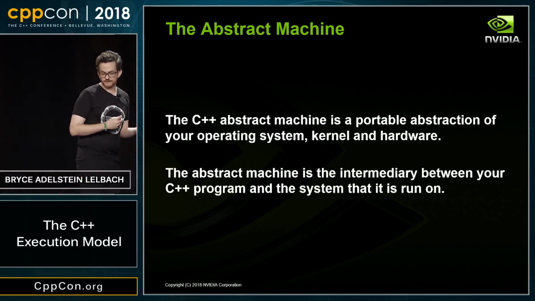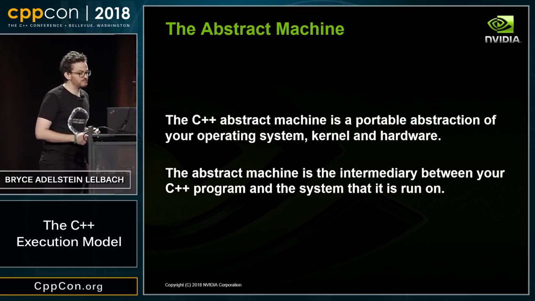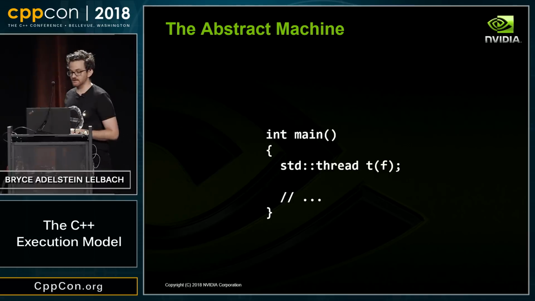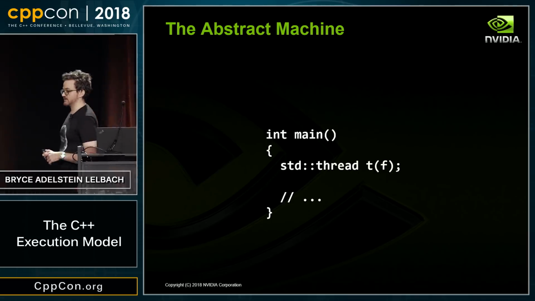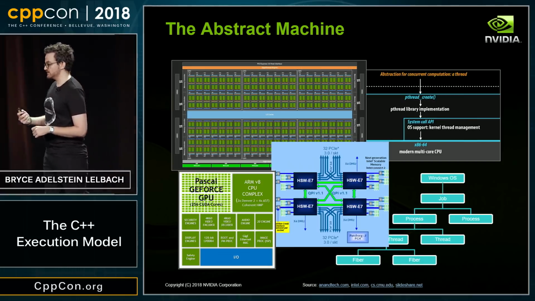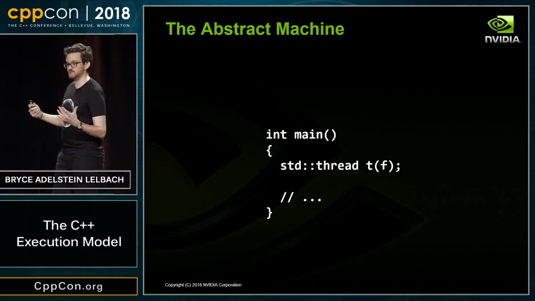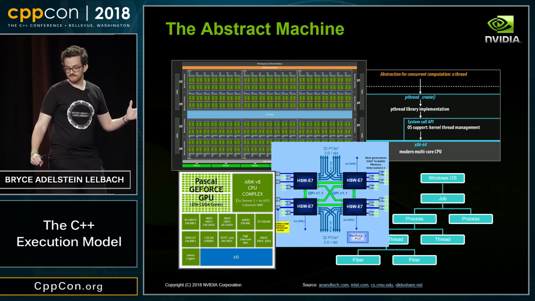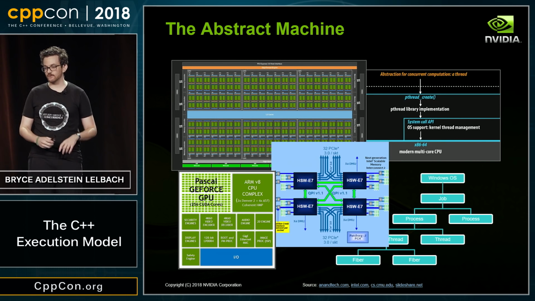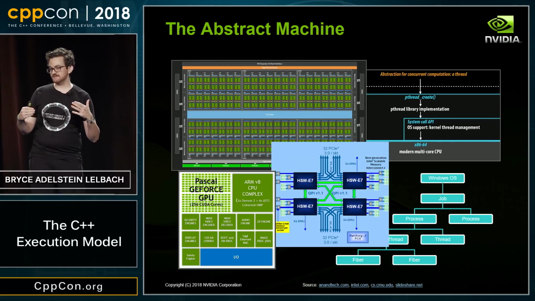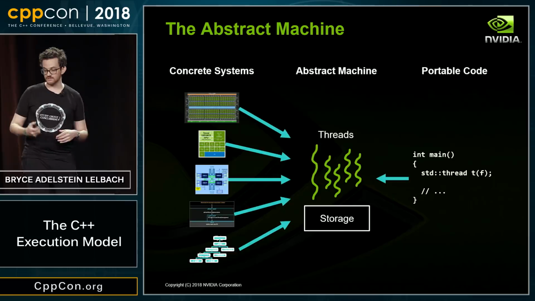You can think of it as the intermediary between your portable C++ program and the system that it is run on. You write some portable C++ code, and you write that portable C++ code to the abstract machine. Then your implementation, whatever it may be, your combination of hardware, compiler, and operating system, provides a conforming implementation of the abstract machine.